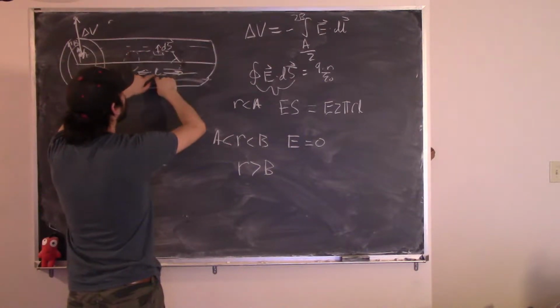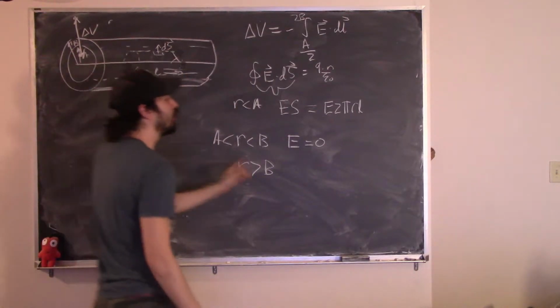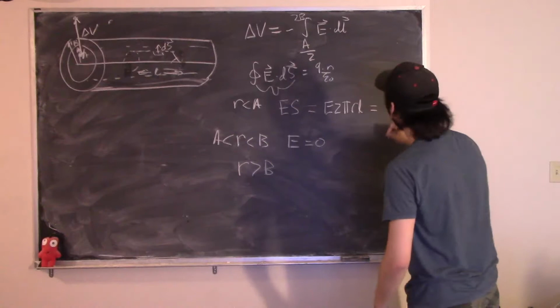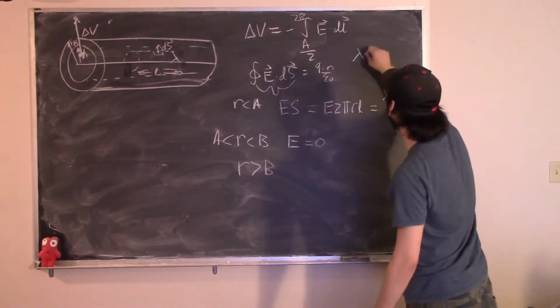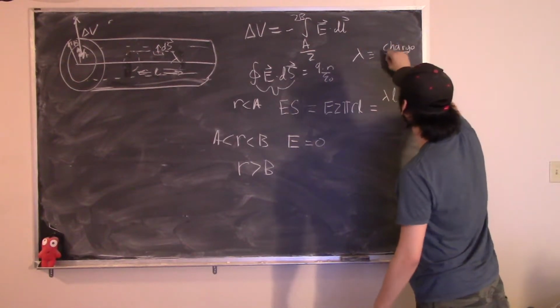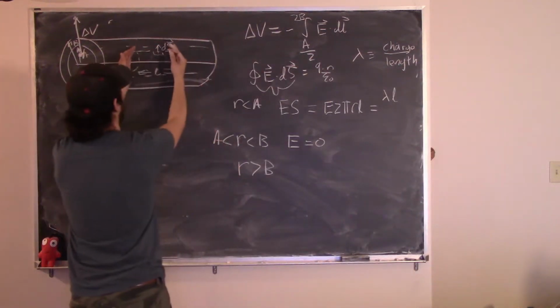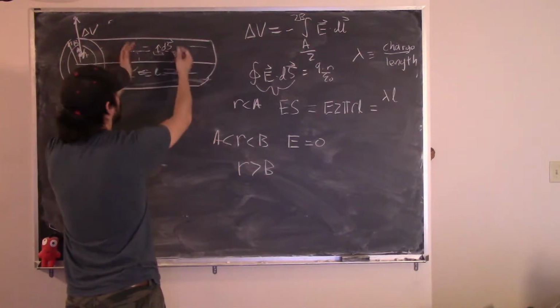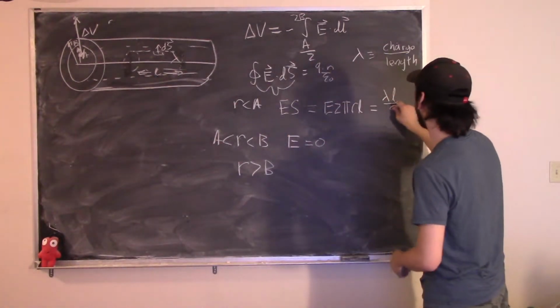If it has a length of L, and this is some line charge density of lambda, Q in is just going to be equal to lambda times L, right? Because dimensionally, lambda is charge per length, and I know that I want a length of L here. So the charge that's inside is the length of L times the charge per length. So this is divided by epsilon naught.